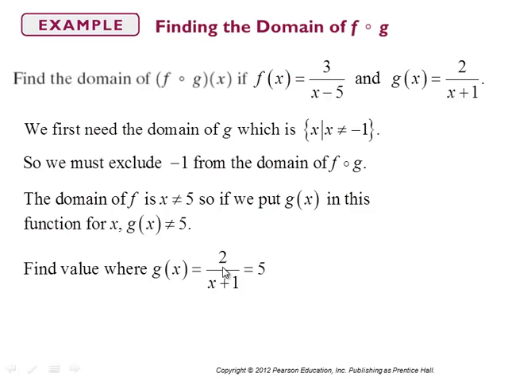We're going to set 2 over x plus 1 equal to 5 and solve for x, maybe by multiplying both sides by x plus 1 and multiplying out. 5 times x plus 1 is 5x plus 5, subtract 5 from both sides, then divide by 5, and you get x equals -3/5. So you cannot let x be equal to -3/5, because if you do, then your composition is going to be undefined.